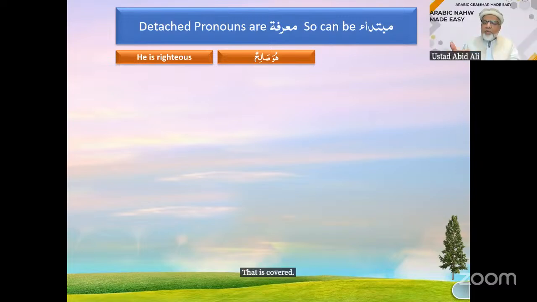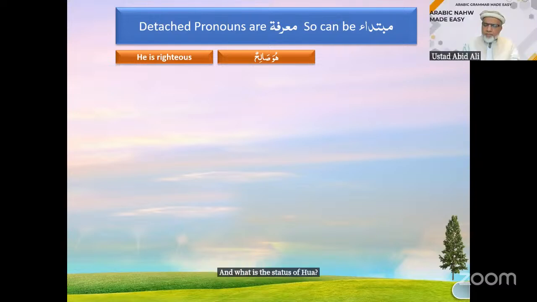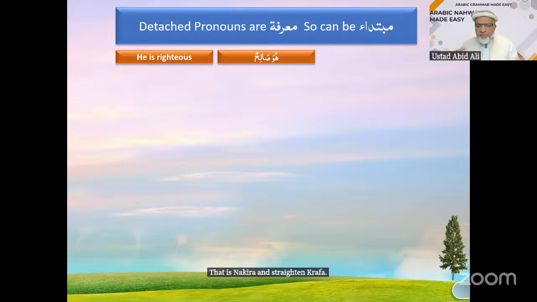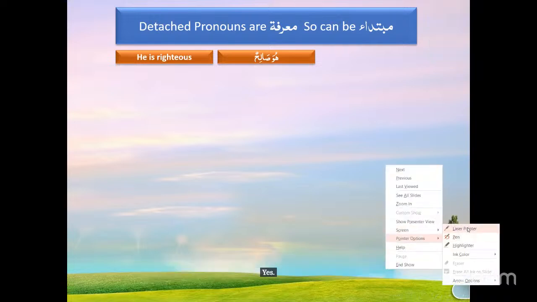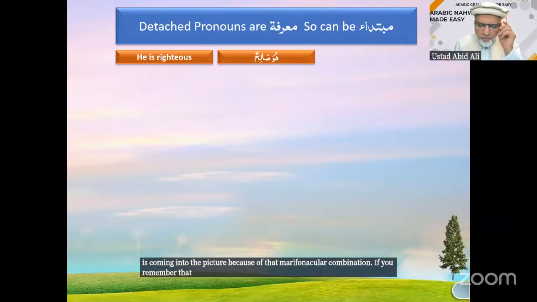What is the type of huwa? Marifa, and its status is rafa. And khabar is nakira, and its status is rafa. If you remember this marifa nakira combination, inshallah you will be successful in making nominal sentences in the future.